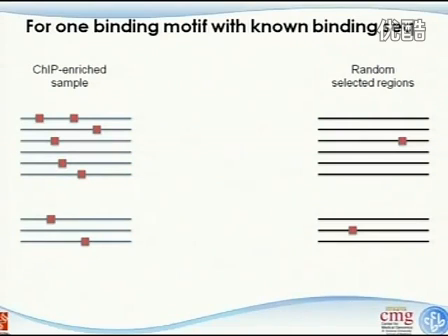Is it possible for those to be a binding site? Yes, it's possible. Is it likely? No. If I randomly pick some genomic locations, there is very low likelihood of a binding site in there. But this is a ChIP enriched sample, and this is randomly selected regions. These are the parts that I labeled as where the real binding site is.